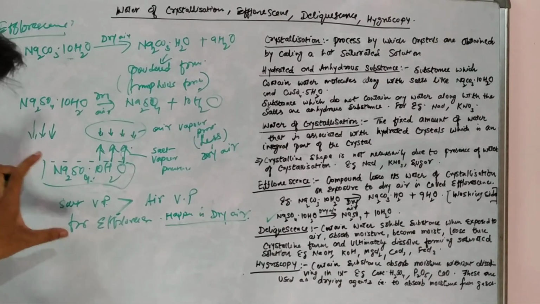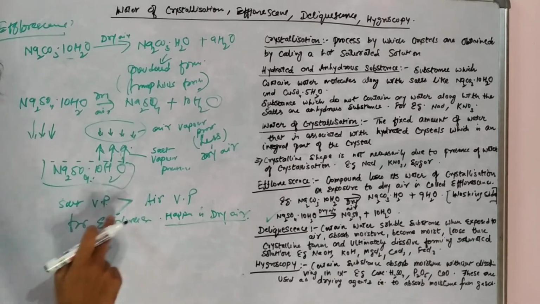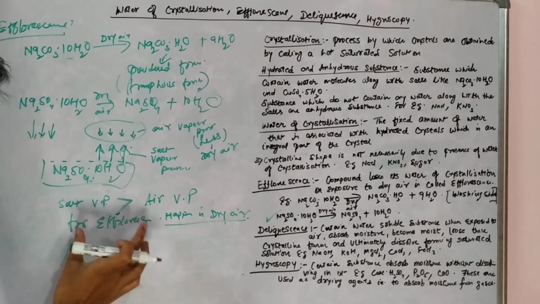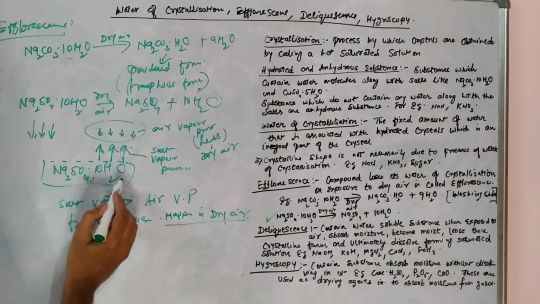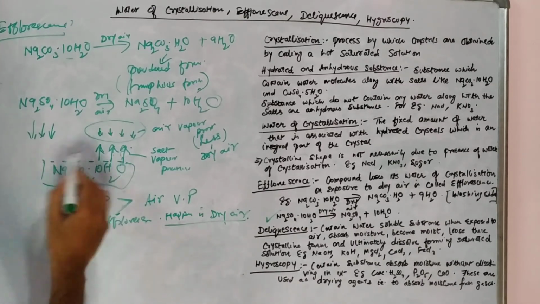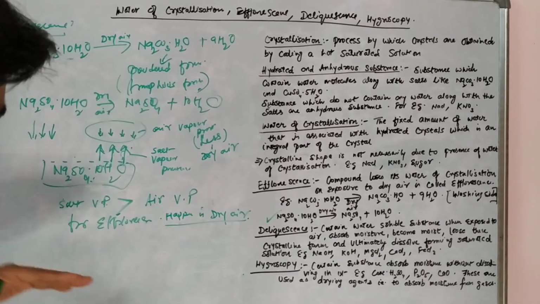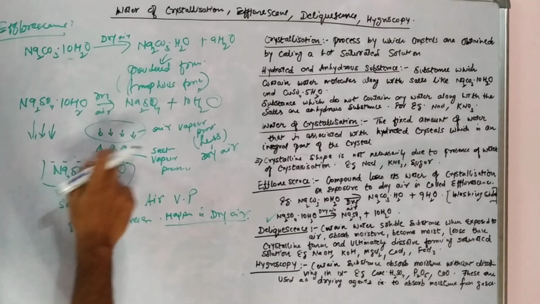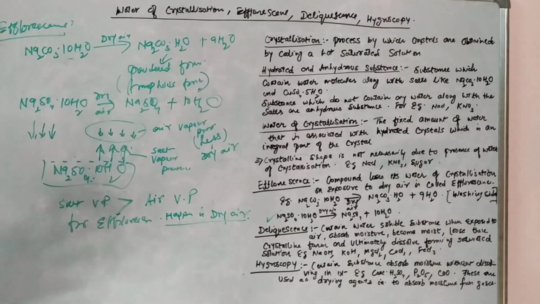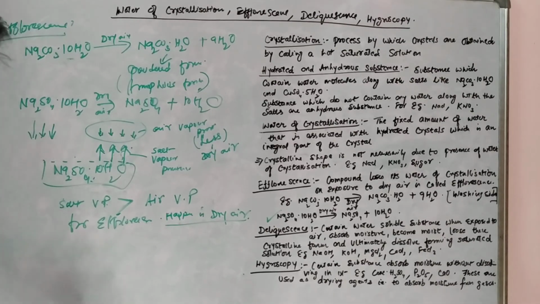You need to understand this, that the vapor pressure of salt should be greater than the air vapor pressure for efflorescence. You can remember these things from these arrows. When the vapor pressure of the salt is high, it will lose these water molecules, and this will happen in dry conditions, because the vapor pressure in air would be less in dry conditions, right?